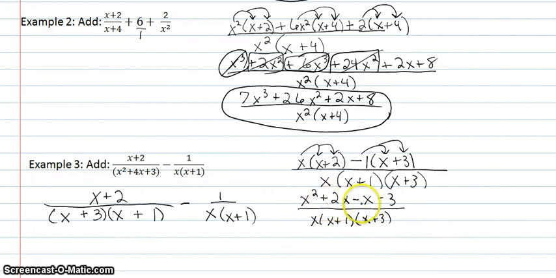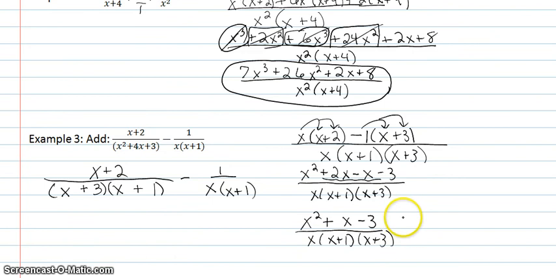Right, now I need to get my like terms together here. So I'll have x squared plus x minus 3 all over x times x plus 1 times x plus 3. And then that is our answer. We're going to leave it like that.